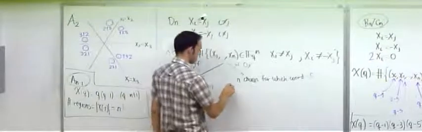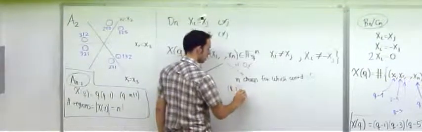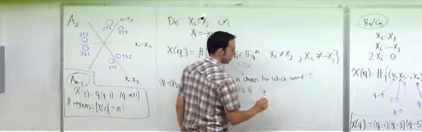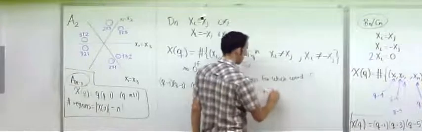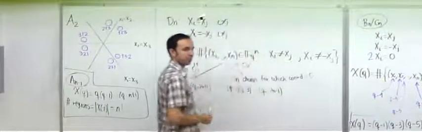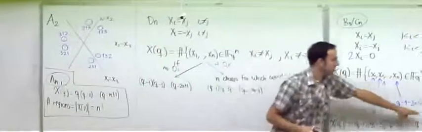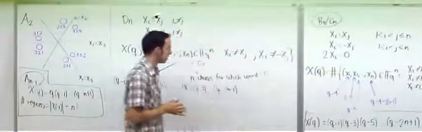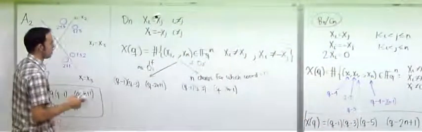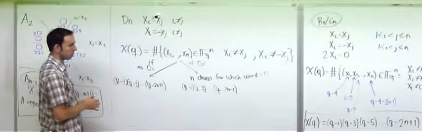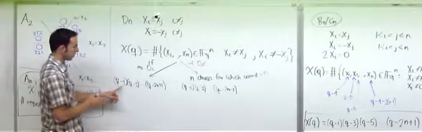So I get q minus 1, q minus 3, and I need to stop one term earlier at q minus 2n plus 3, which is this last term plus 2.